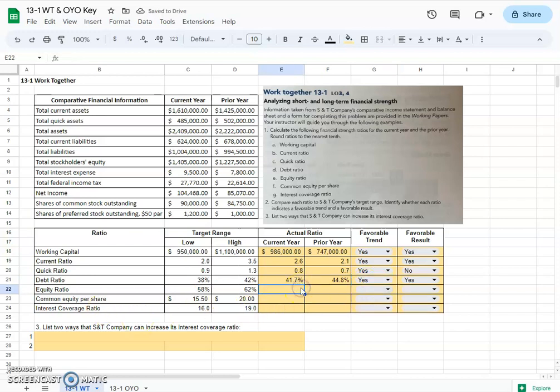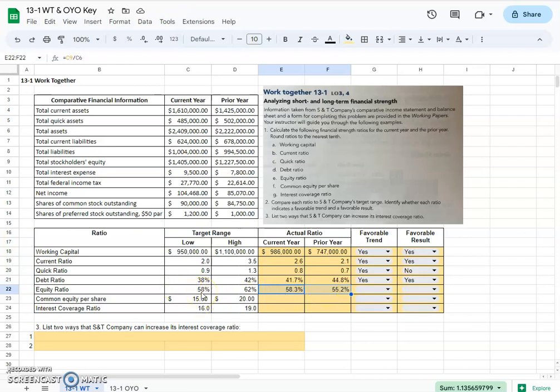Equity ratio. That one is total stockholders' equity divided by total assets. This is just the reciprocal of the last one, or the opposite of it. I don't know if reciprocal is the right word. We'll make that a percentage with 1 decimal place: 58.3 this year, 55.2 last year.